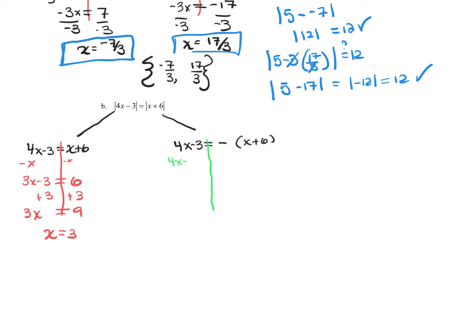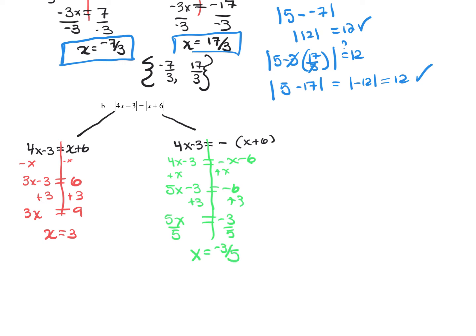So 4x minus 3 equals negative x minus 6. I'm going to add the x over and get 5x minus 3 equals negative 6. I'm going to add the 3 over. So 5x equals negative 3. Divide by 5. x equals negative 3/5.